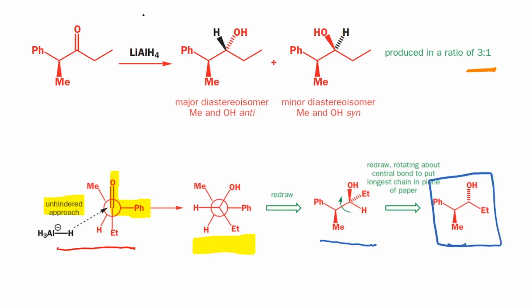Now, as I mentioned, this is called the Felkin-Anh model. There are other models which are developed completely based on observation. That is, you get this ratio of major to minor, and you can develop a model which doesn't have a clear logic to it, but still accounts for the formation of the product.